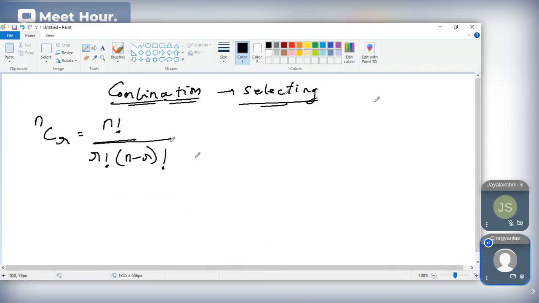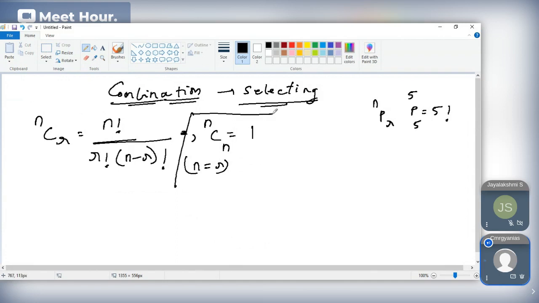See, last time when we did this nPr, when we got both equal, so for that n was also 5, r also 5. That time the answer we got was 5 factorial. In this, suppose if you get nCn, that means both n and r are equal. So in combination, if n is equal to r, then this value is always 1 only. You have to remember this.